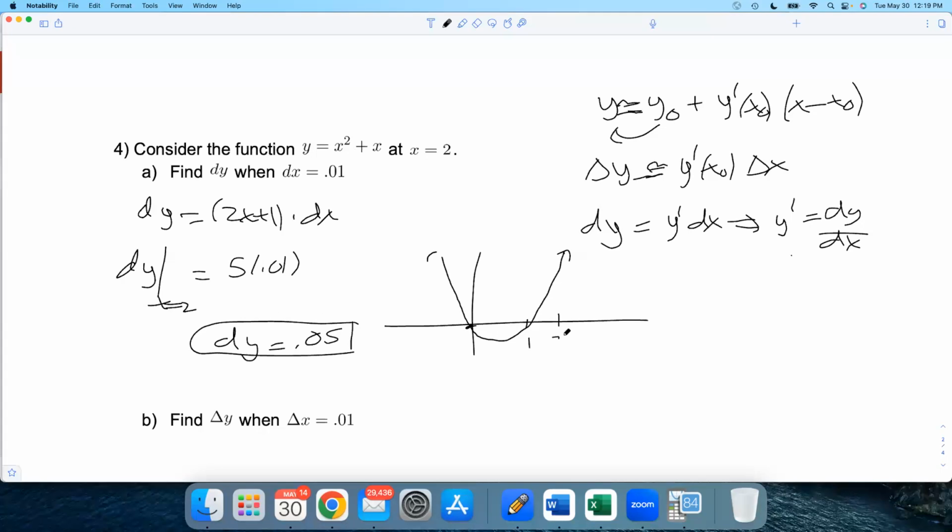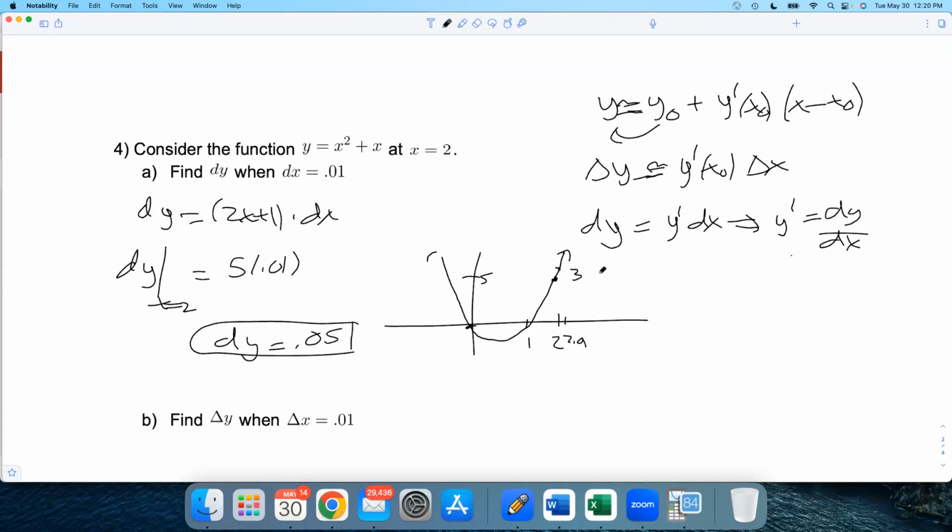Right here at x equals 2, we just said that y value was 5, right? If I were to slightly change my x value, say go over to 2.01, then my y value would go up.